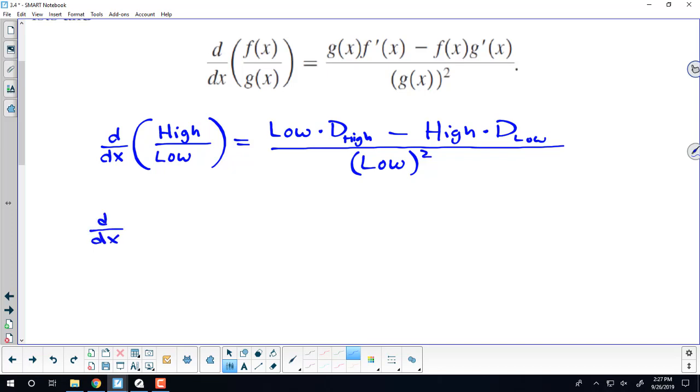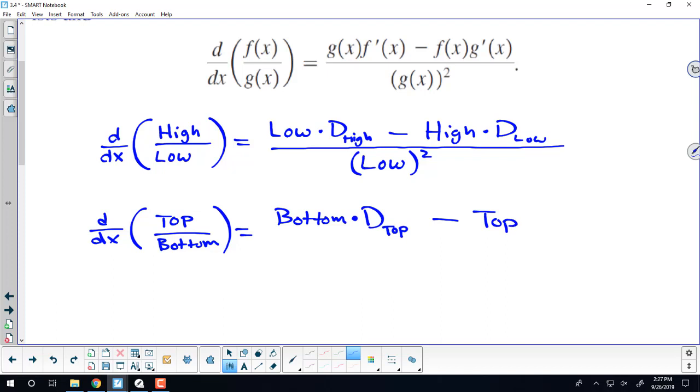Or just calling the top function, the numerator, the top, and the denominator the bottom. The quotient rule says take the bottom function and multiply that by the derivative of the top, minus the top times the derivative of the bottom, all over the bottom squared.